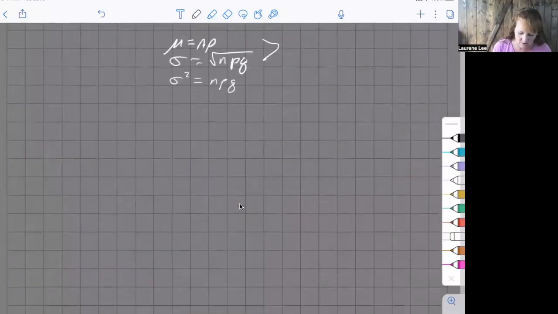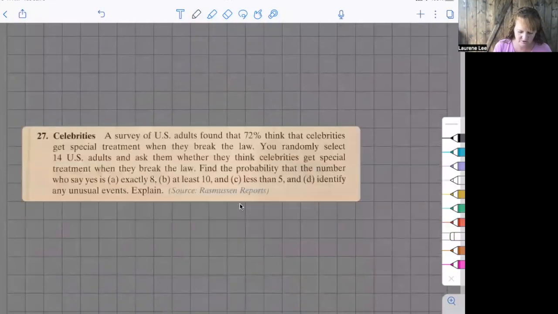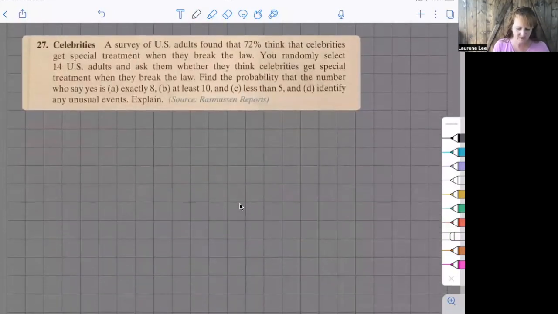Okay, so let's jump into these problems and what they look like. So first of all, you need to identify that this is binomial. That's the first thing you're going to look for. And this is a big clue. Without even reading the problem, I go, oh, 72%. That says to me this might be a binomial. So I'm going to read the problem, and I'm going to try to figure out what question they're asking, and I'm going to ask it to myself.